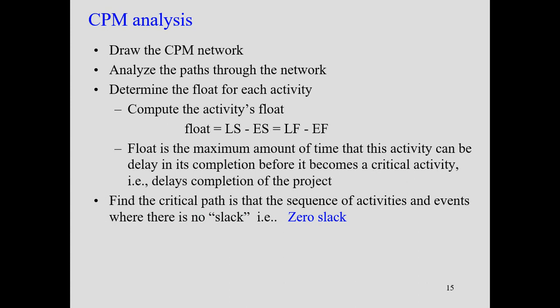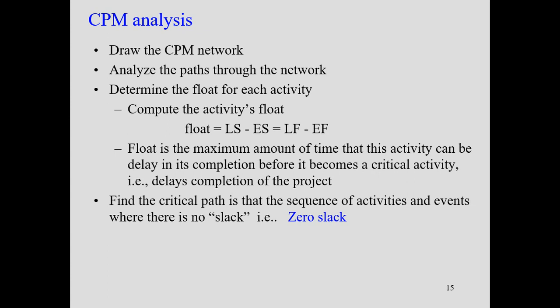Then the next job is the critical path. The critical path is a path consisting of the activities with zero slack or zero float. So identify the activities that have zero float or zero delay.